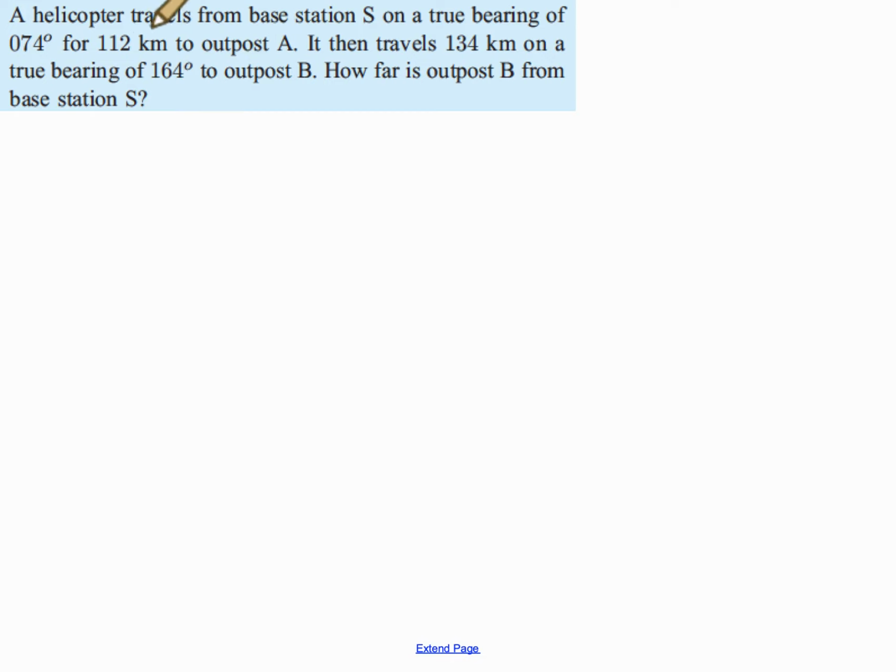A helicopter travels from base station S on a true bearing of 74 degrees for 112 kilometers to outpost A. Let's draw that. So I'll put S, doesn't really matter where I start. I'm going to say this is outpost S. And I need to draw a ray with a bearing of 74 degrees. And again, this is very helpful to do this.